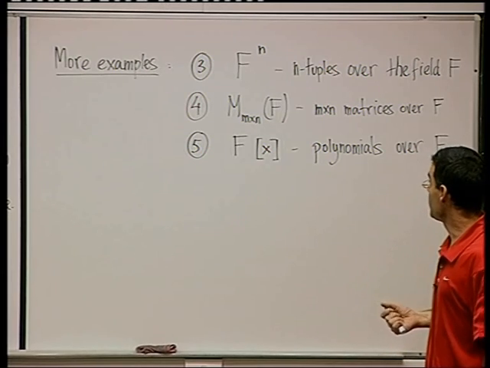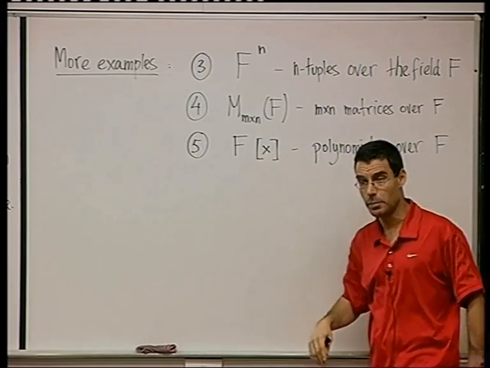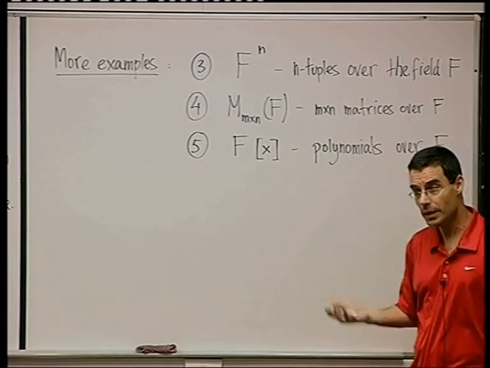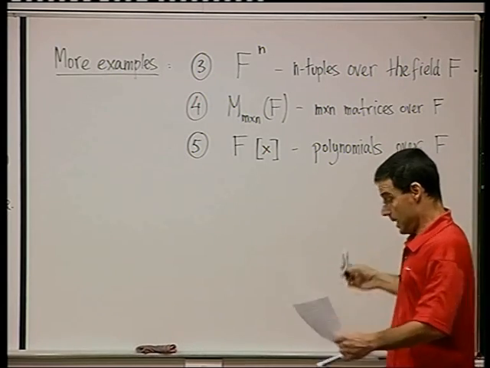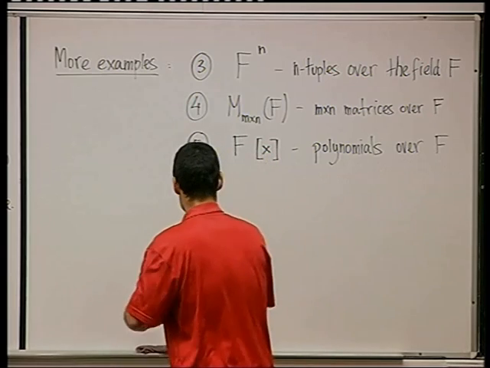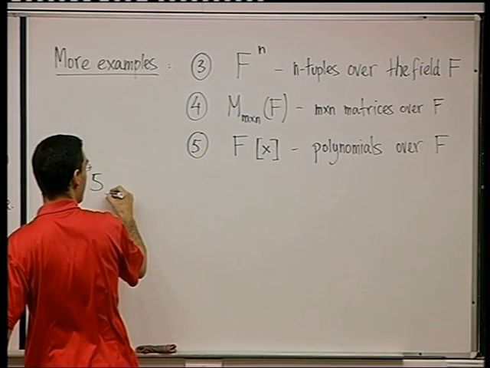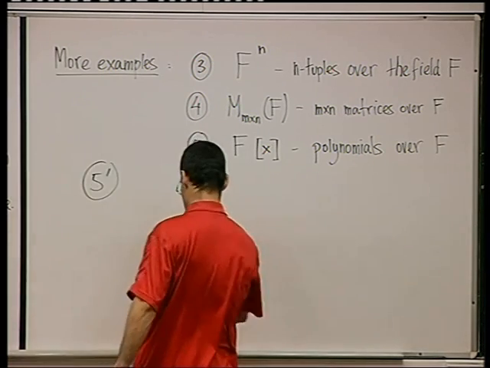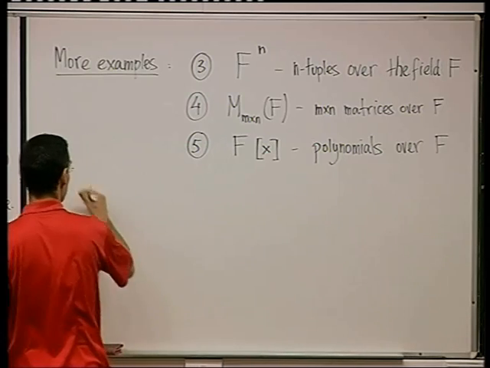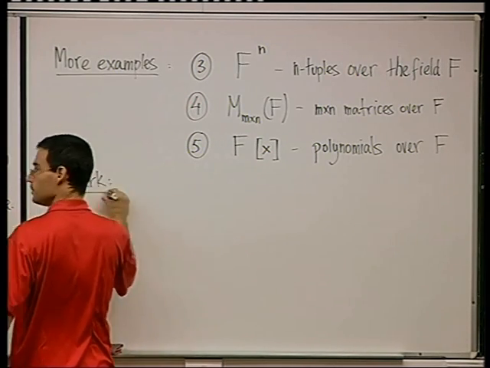Is the scalar 1 times a polynomial giving back the polynomial? Yeah. So do you see that everything holds? Good. Let's put a 5 prime here, and let's call it a remark. Remark, before we continue this list.